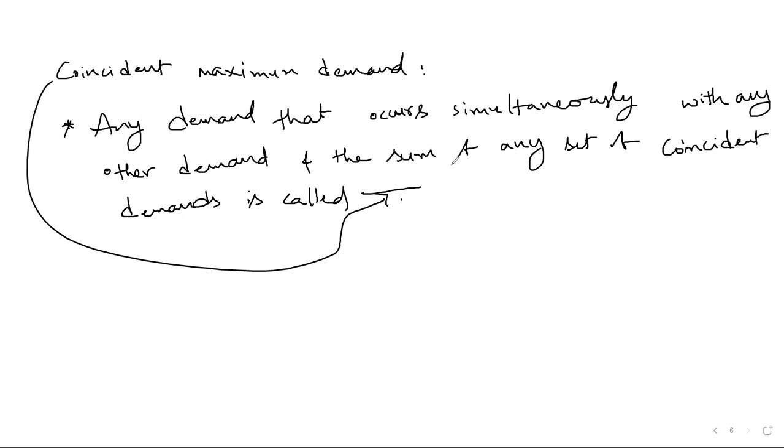Right? If there is a parallel occurrence of any one demand and another demand, these two will be called coincident demands. The sum of these two coincident demands will be called a coincident maximum demand.